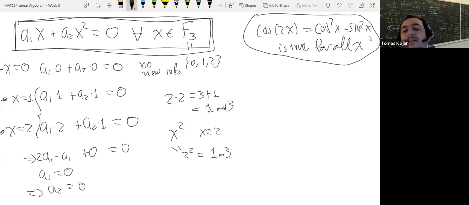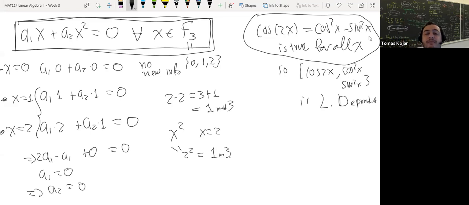So then we can say that we have dependence. So cosine 2x, cosine square x, and sine square x is linearly dependent. But only if you have it for all x. So it's the same idea here. We require this dependence to be true for all x in the modulo group.